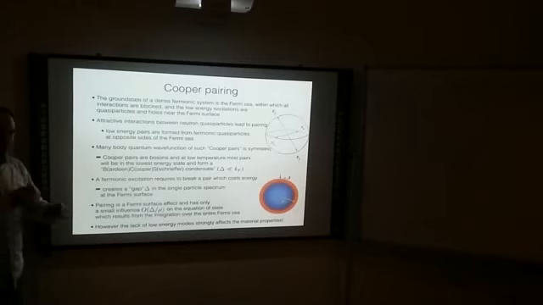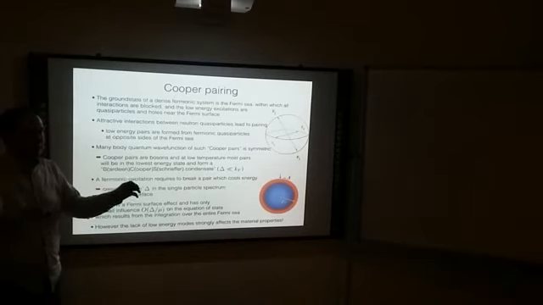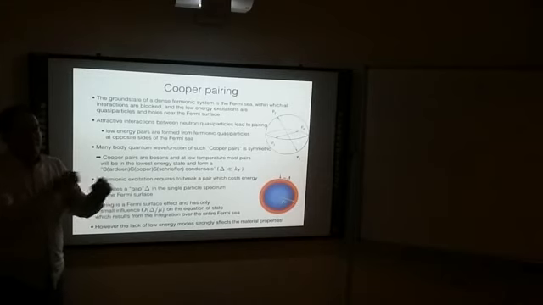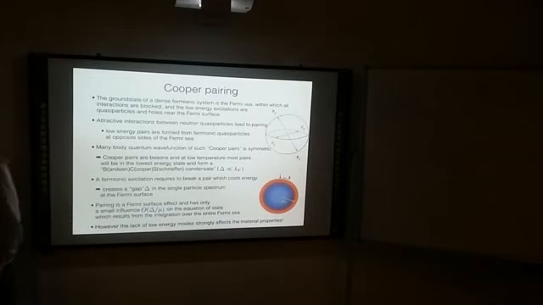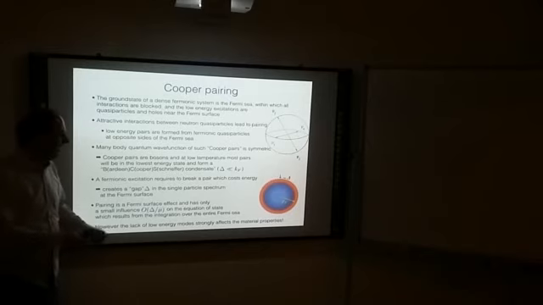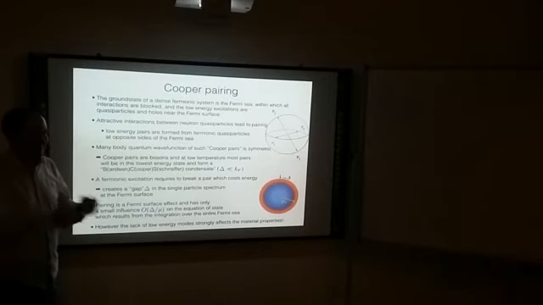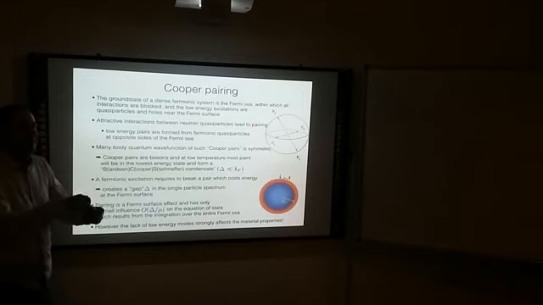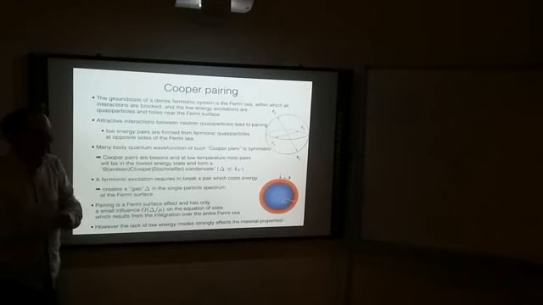I mean, you remember a fermion is something where you have a two-particle state and you interchange the particles, then you get a minus sign. Now, if you have two of these fermions and you bind them and make a new particle out of that, you can rather easily see that this minus sign cancels, and these new particles behave as if they were bosons. That means if you interchange them, you don't get a relative minus sign.